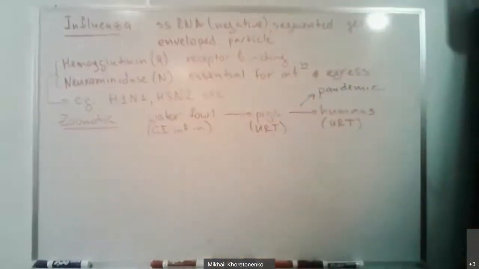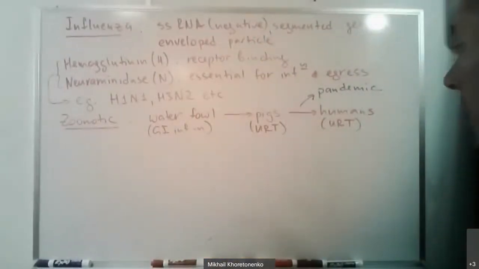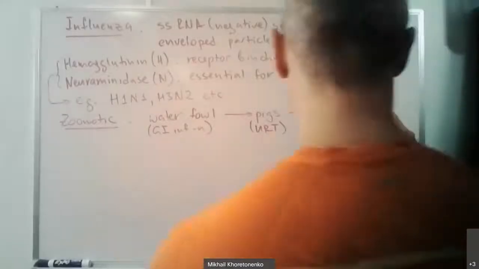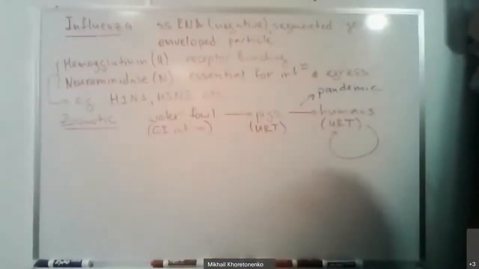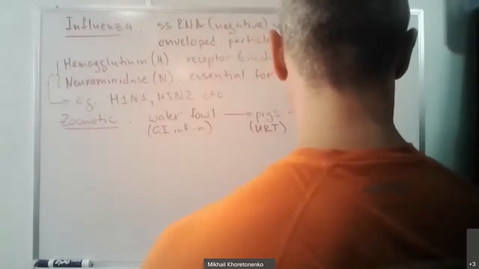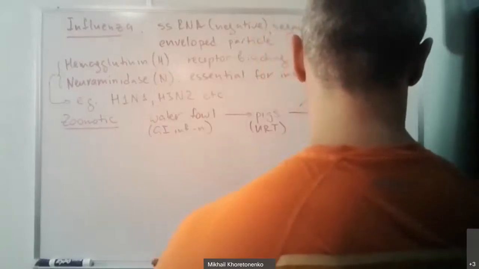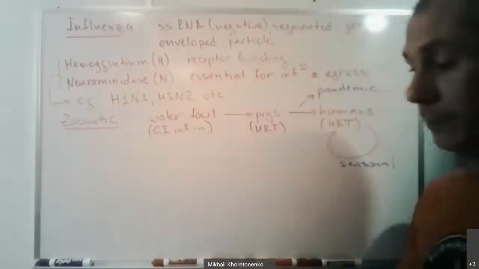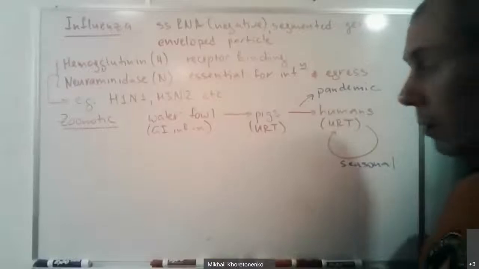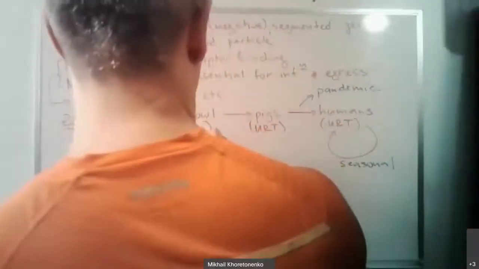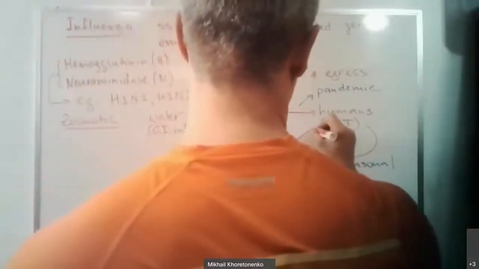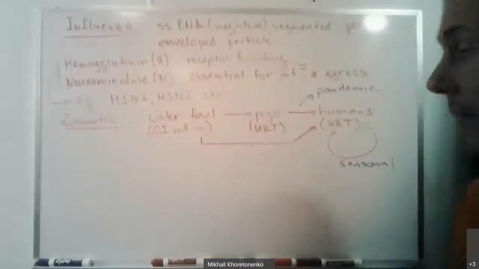Okay? Now, you all know that flu can be transmitted from person to person. Okay? That transmission is an example of seasonal influenza. You also know that people can acquire infection directly from birds, not necessarily waterfowl.